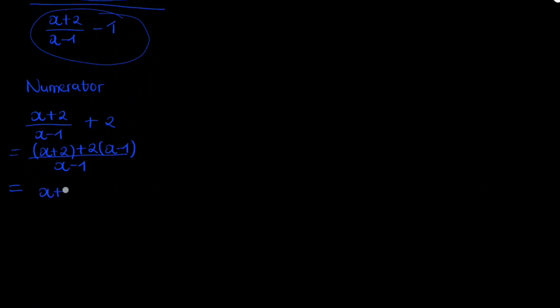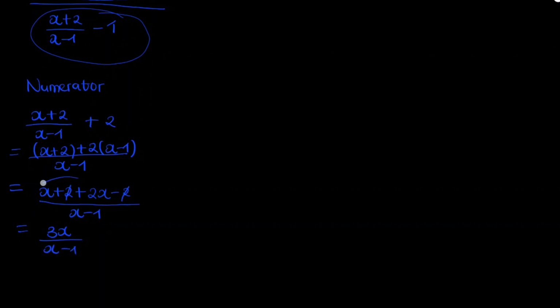That is x plus 2 plus 2x minus 2, divided by x minus 1. Here there are like terms, so let's bring the like terms together and solve. These two will cancel and we have x plus 2x, so that is 3x divided by x minus 1.